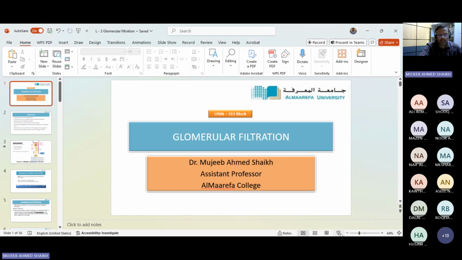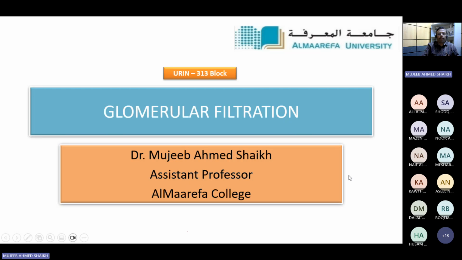So today is our third lecture in urinary physiology, which is about glomerular filtration. If you remember, in the first lecture we took the general outline of renal physiology, in which I described the parts of a nephron and the kidney in general.